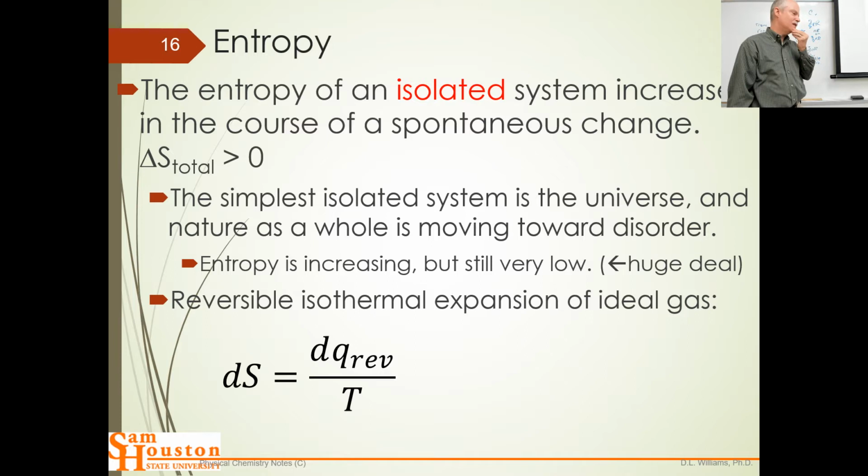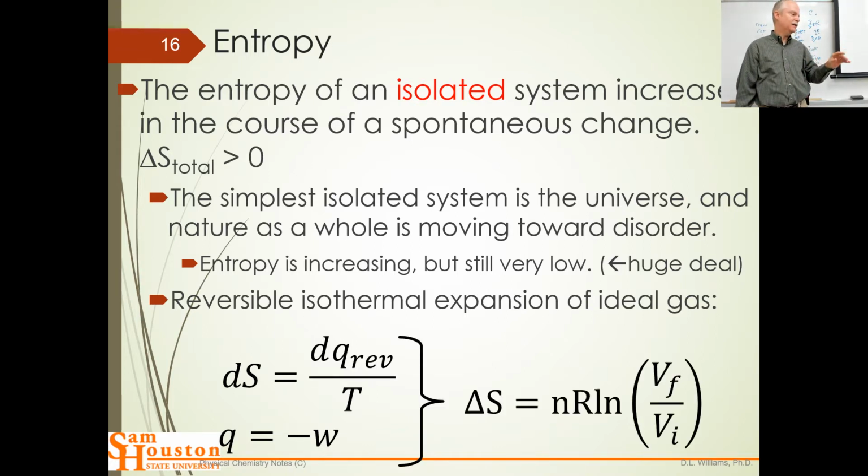If we had a reversible isothermal expansion of an ideal gas, where Q equals minus W, and delta S is Q over T, we can take that equation for isothermal reversible expansion of a gas and put it over T so the T's cancel, and so we can calculate the entropy change in that spontaneous expansion.